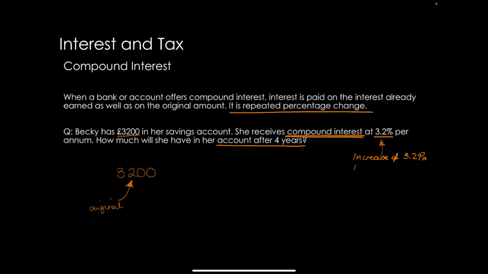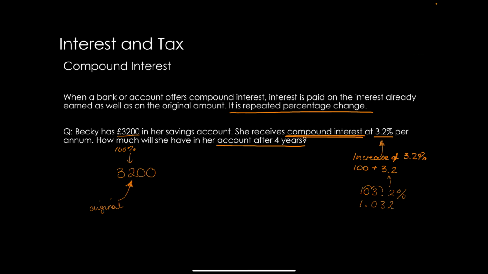And because it's an increase, remember, we add it on to the 100%. We get our original amount, which is the 100%, plus the 3.2. So in total, that's 103.2%. As a decimal, that's 1.032.